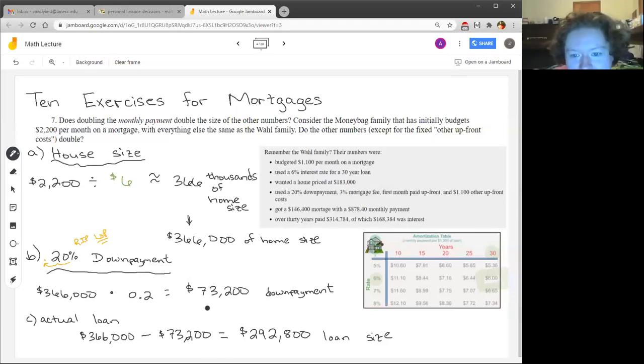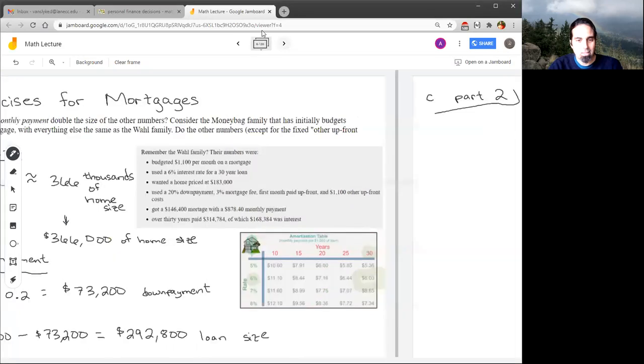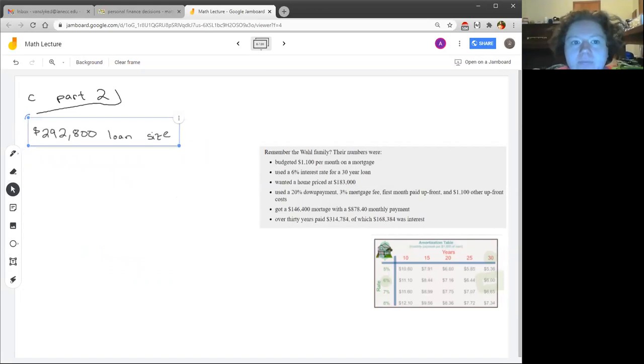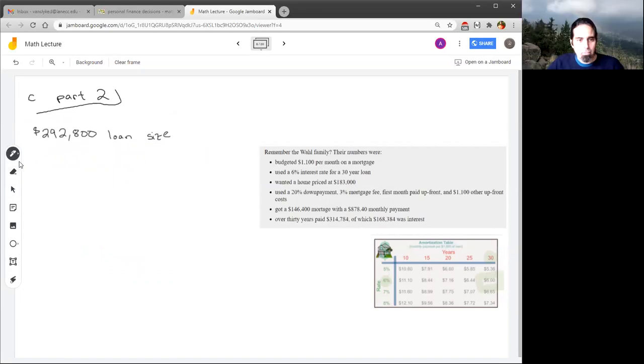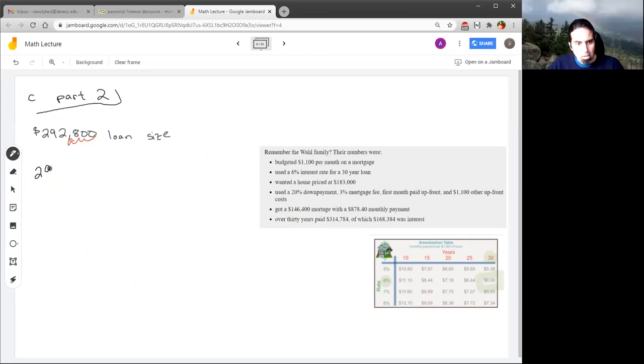Okay, so we have the 292,800 loan size. So that means they have 292.8 thousands of loan.